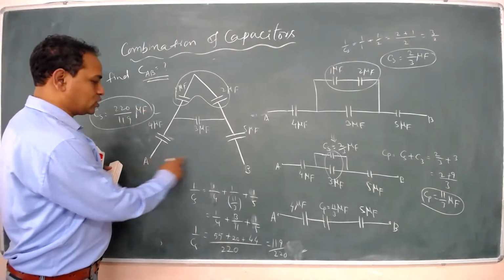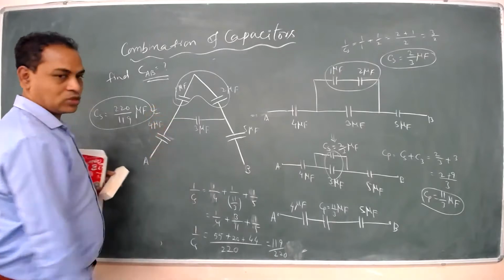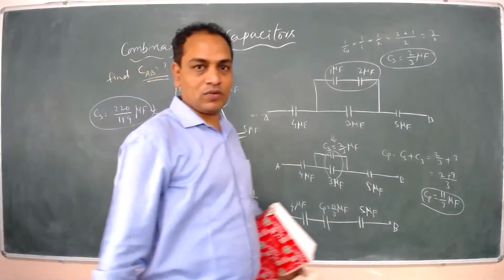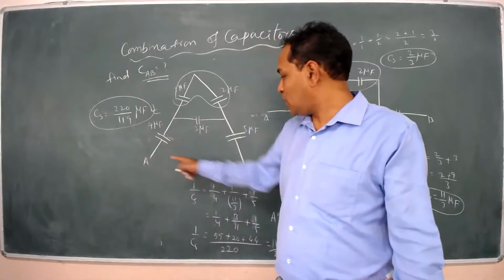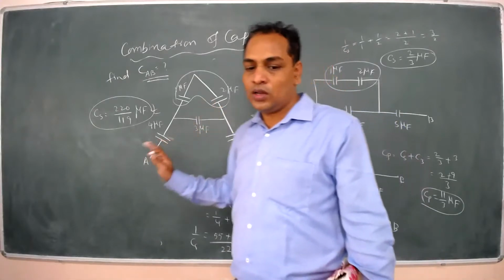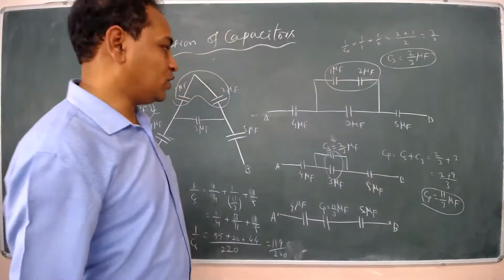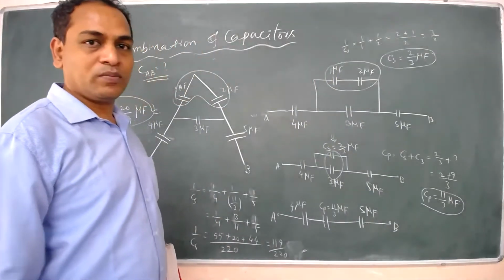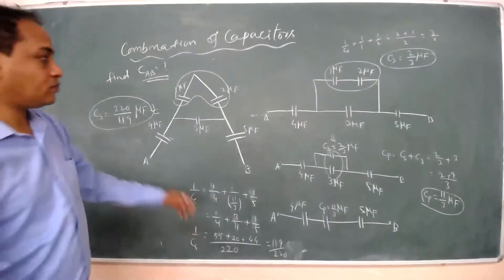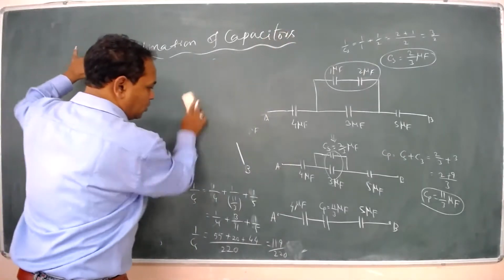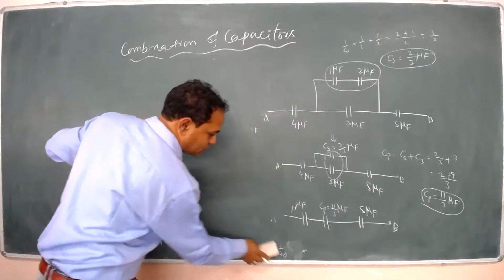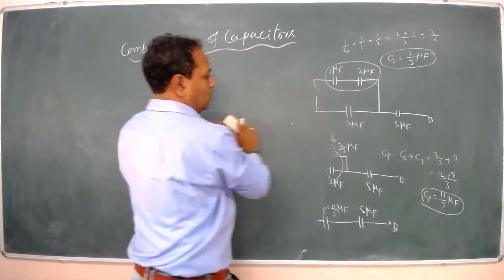So the effective capacitance between the two ends A and B is this much. In this way we can calculate the effective capacitance between any two ends.